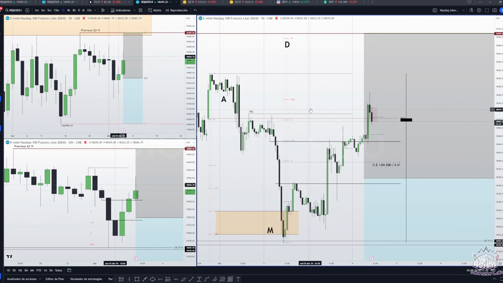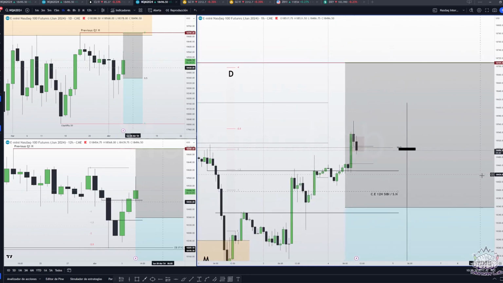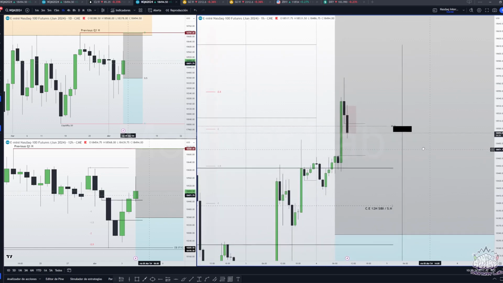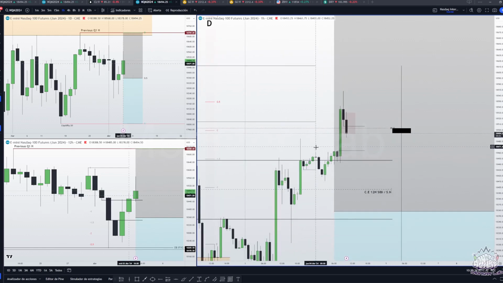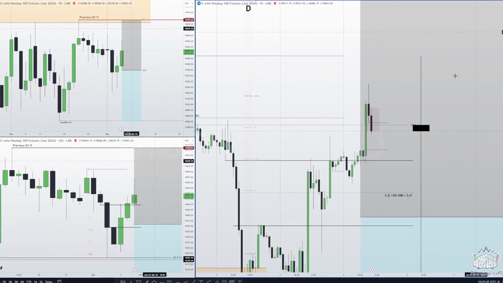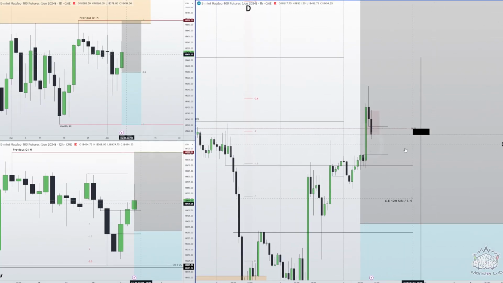Price is in the 2 and 2.5 deviations, but price closed above the weekly open and monthly open and printed one CB. So remember the high probability fair value gap or high probability CB. It's one time opening and one price level or one BC or fair value gap.